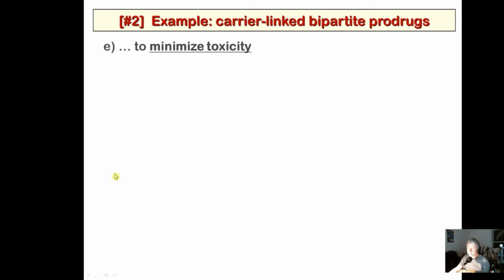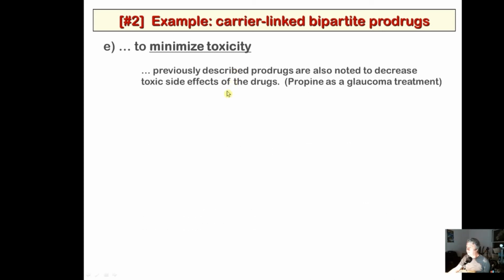Minimizing toxicity. How might a prodrug strategy minimize toxicity? We talked about propine, which was used as an epinephrine prodrug.